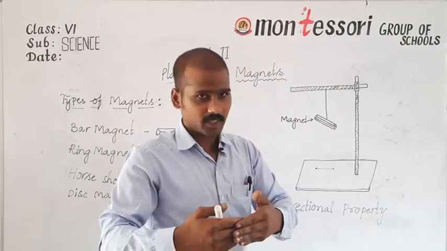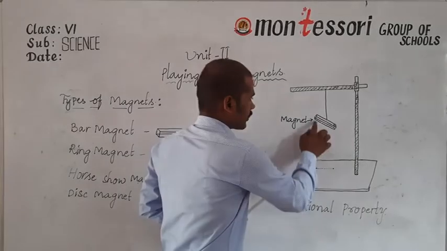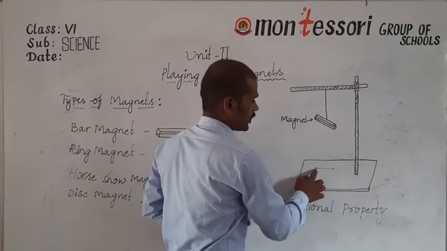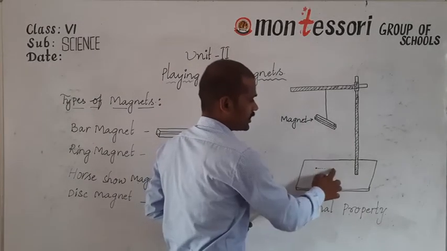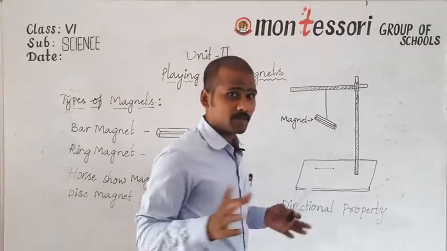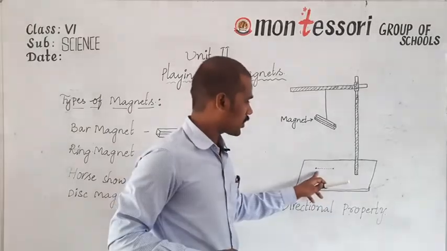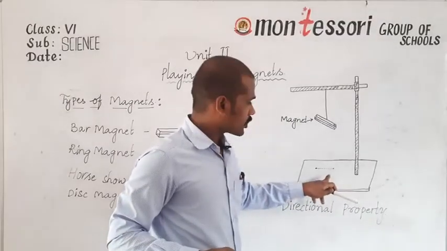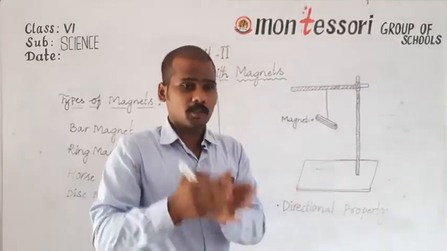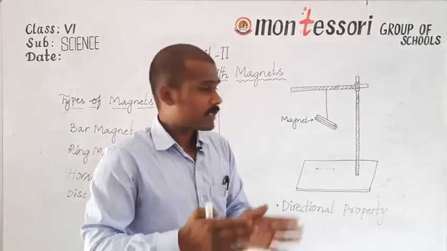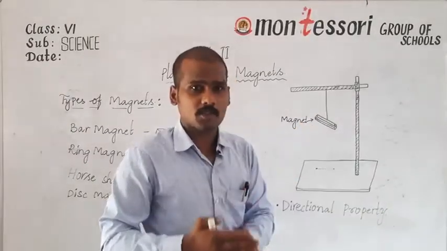Understand? One point shows one end of the magnet, another point shows the other end, and then we join these two points forming a line. This line shows the direction in which the magnet has come to rest.